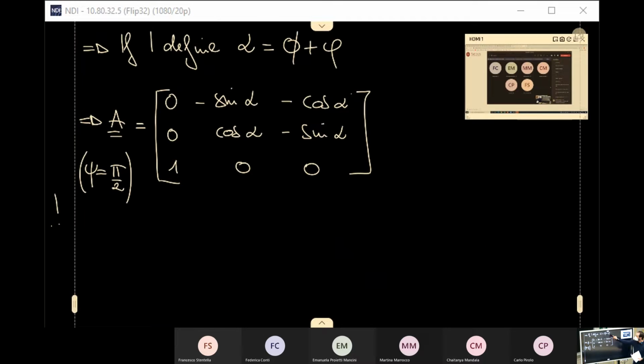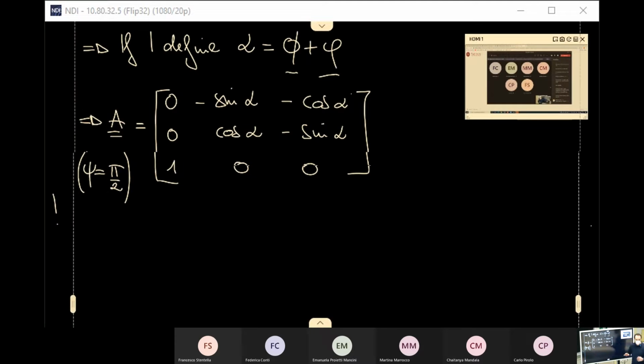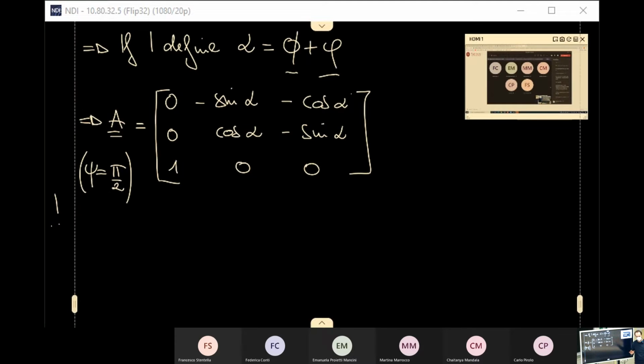If I rotate of an angle phi or theta here, it doesn't matter anymore. So I lost one degree of control of my orientation, okay? And this condition happens when I approach the value of psi equal to pi divided by 2. This condition is called gimbal lock, okay?